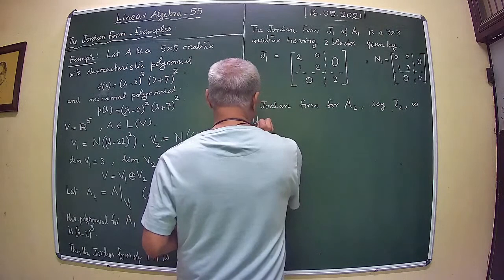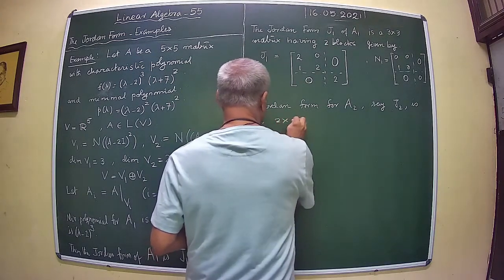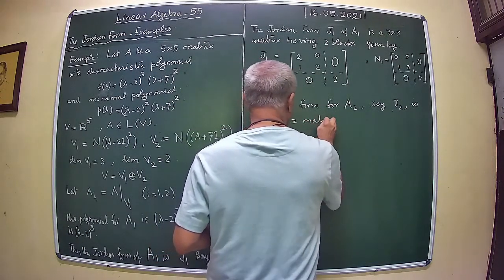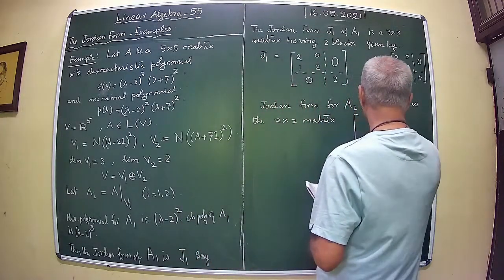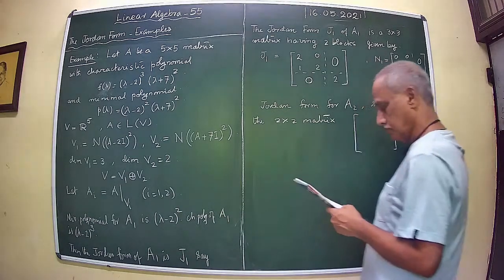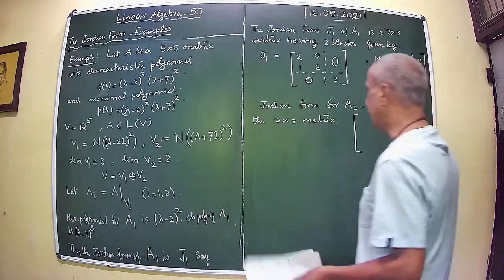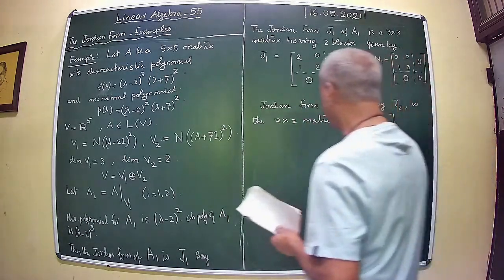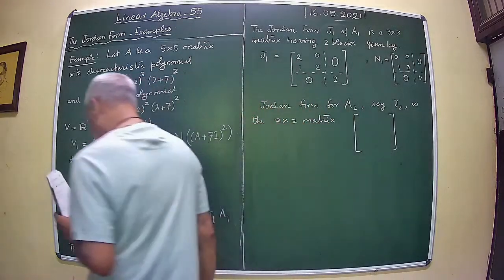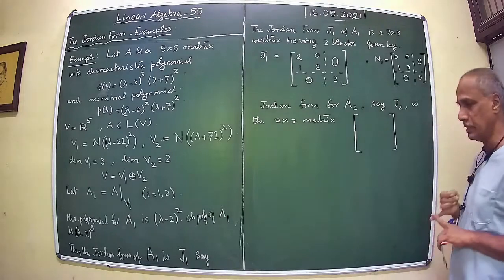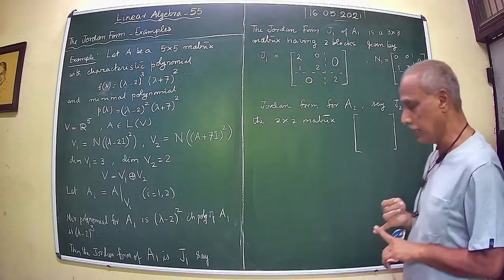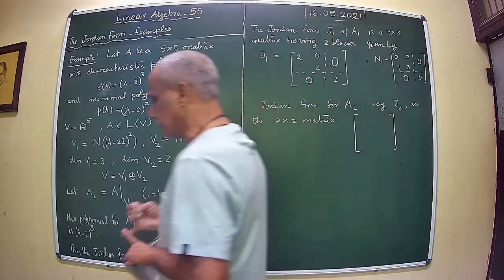it is the 2 by 2 matrix, because you see that in the case of N2, what happens? What is the characteristic polynomial?